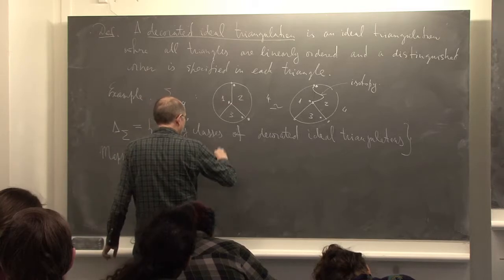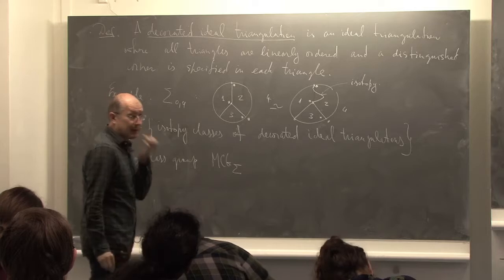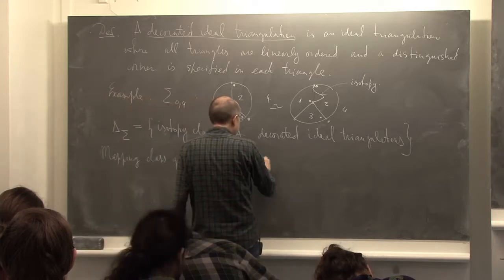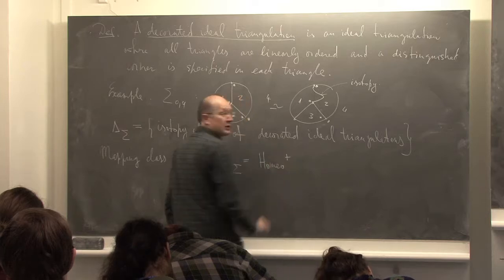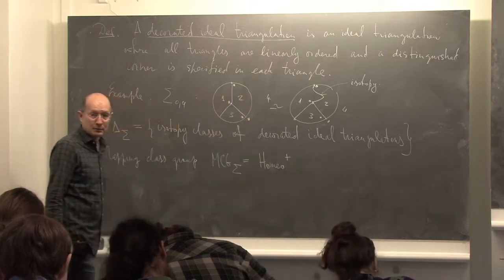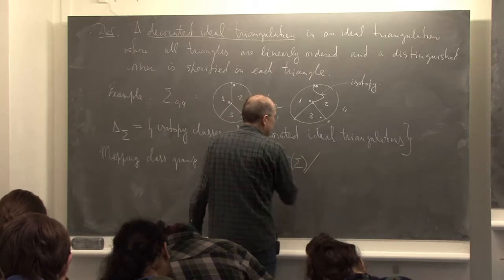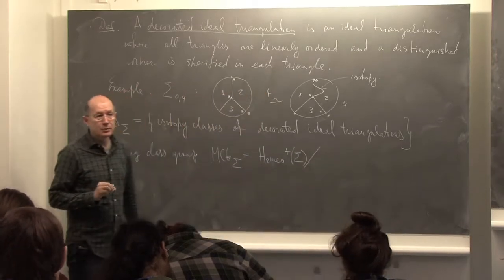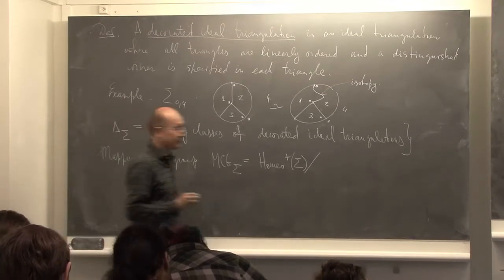And what is this? This is effectively the set of all orientation-preserving homeomorphisms of sigma, quotient with respect to the normal subgroup of the connected component of the identity.